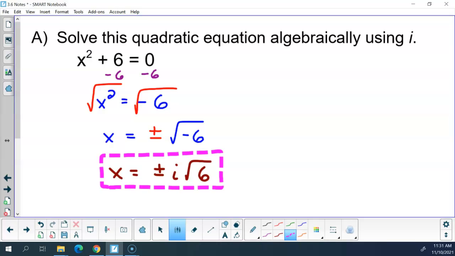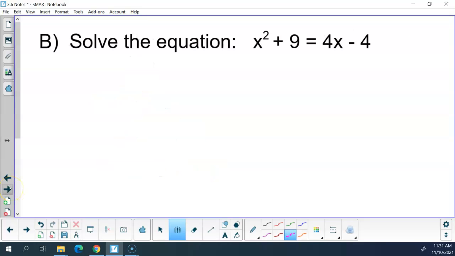And there's my 2 answers. Now, if you chose to write them separately, that's your choice. You can just write it as plus or minus.